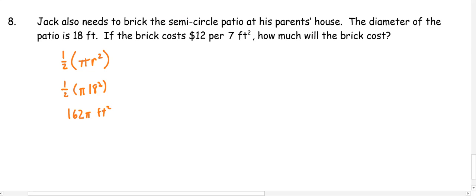So to figure out how many bricks he needs, what we're first going to do is divide the area by the 7 feet squared to see how many bricks he needs. So we can put 162 with the pi in, divided by 7 in the calculator, and we get 72.71. Now, they're not going to let us buy partial bricks, which means we're going to need to buy 73 total bricks.